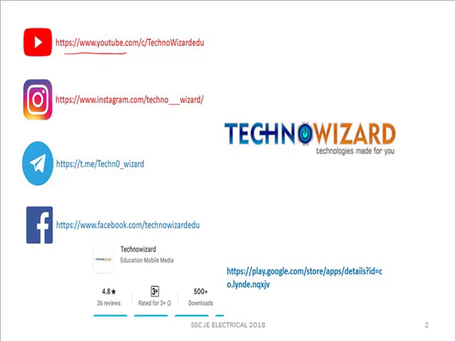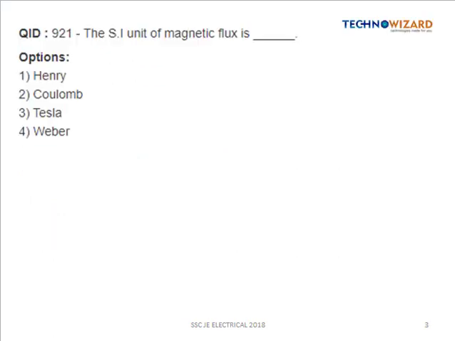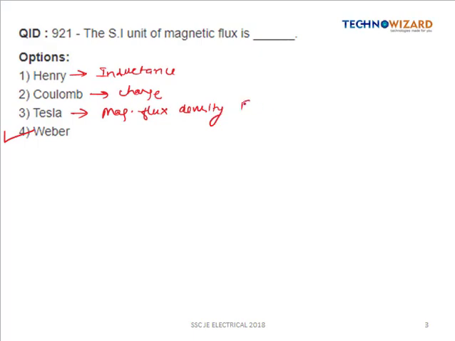Okay, so let's see our first question. The SI unit of the magnetic flux is Weber, because we know that Henry is the SI unit of inductance, and Coulomb is the SI unit of charge, whereas Tesla is the SI unit of magnetic flux density, which is given by B equal to phi by A. We know that the SI unit of flux is Weber and area is in meter square.